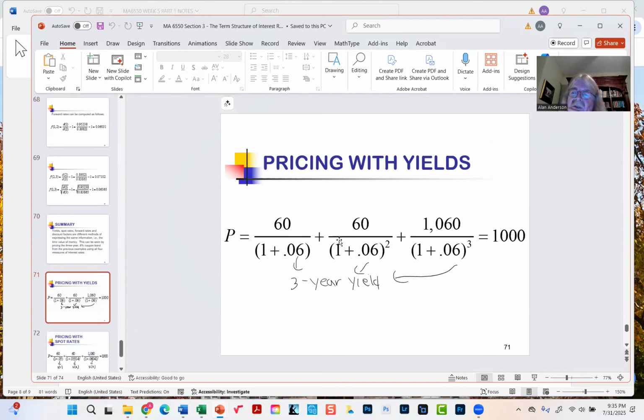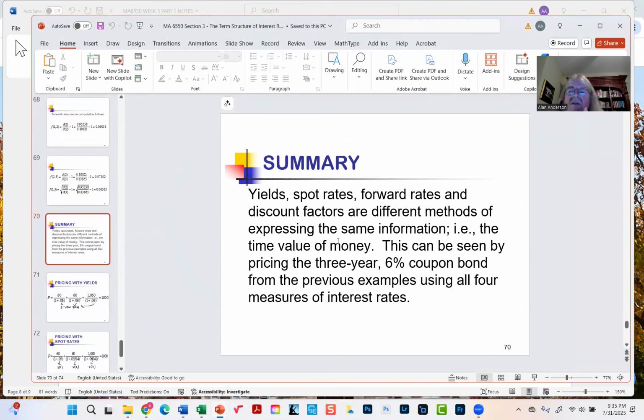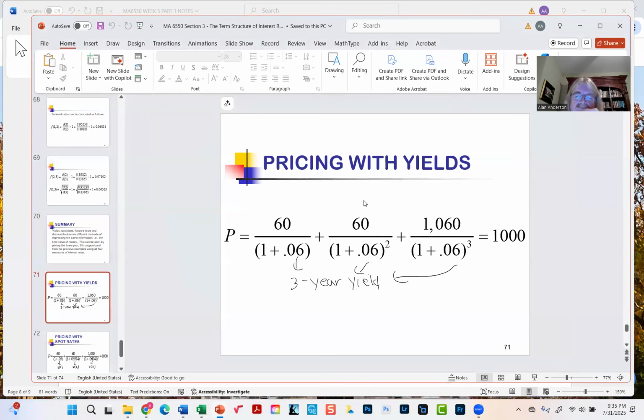Now, I mentioned this at the beginning that all four of these measures, yields, spot rates, forward rates, and discount factors, even though the numbers are different, are giving us the same information presented in a different way. To prove that, we're going to take a 3-year, 6% coupon bond, and calculate its price using all four measures. With the yields, the 3-year yield, if you remember, is 6%.